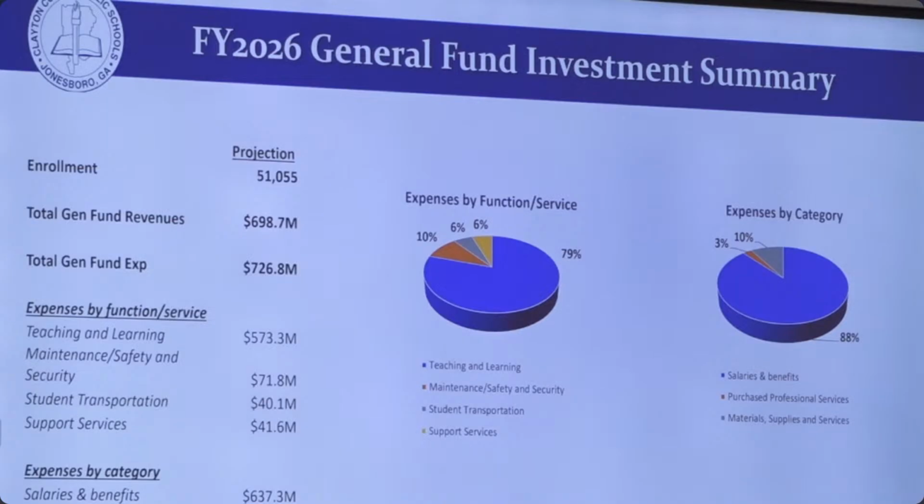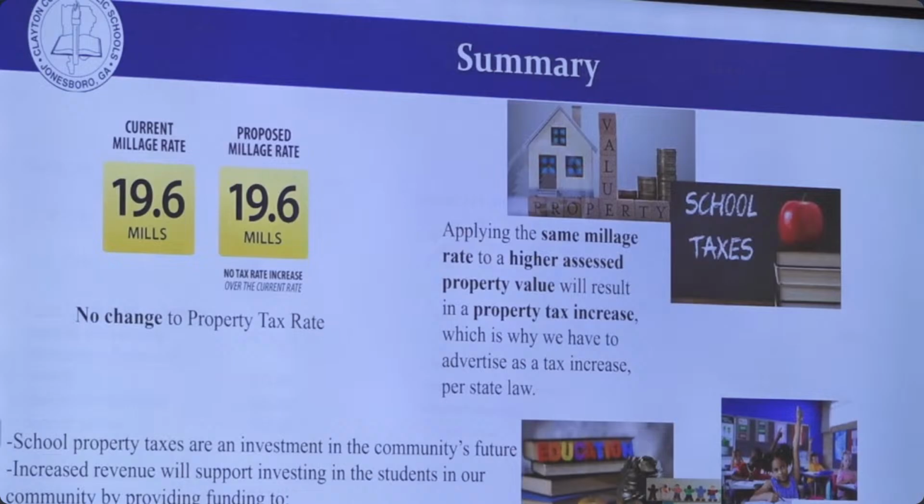So ours is at 88%, with purchased professional services being at 3%, and then material supplies and services at 10%. And so when you look at that, the total of $726.8 million investment in the students, that's $14,236 per student.